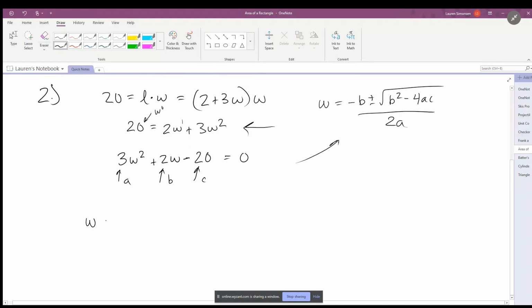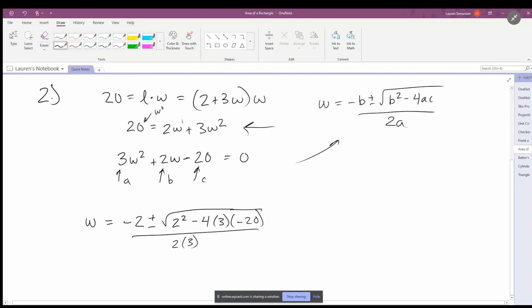So let's write it out. w is equal to negative b, negative 2, plus and minus the square root of b squared, 2 squared, minus 4 times a, which is 3, times c, which is negative 20. Don't forget the negative. All over 2 times a, which is 3.